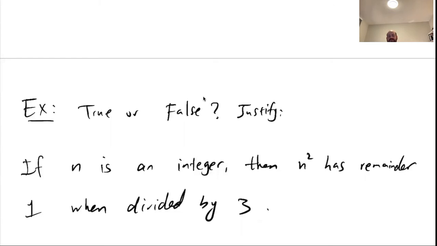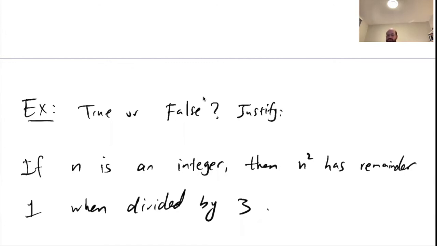So if you remember, we said that the very first thing you can do in this type of example, to know whether it's true or false and also to get some ideas, is to just think about some simple examples. My only assumption here is that n is an integer, so I'm allowed to consider any integer that I want.